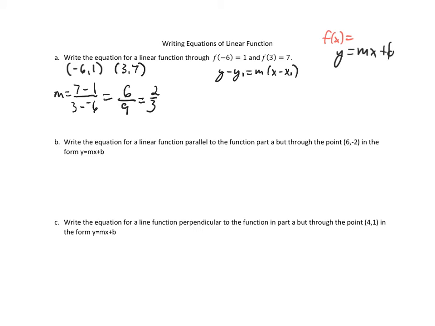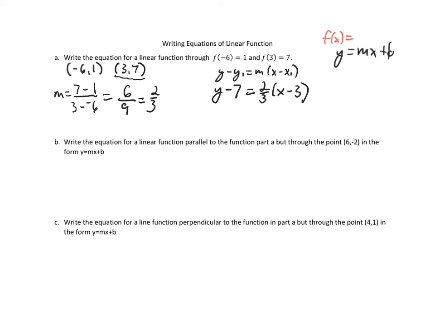So now we have a slope. And we can pick either one of these points to create our point slope form. So I would pick 3, 7 just because those are both positive numbers and it makes it easier to work with. So y minus y1, 7, equals our slope 2/3 times x minus 3.